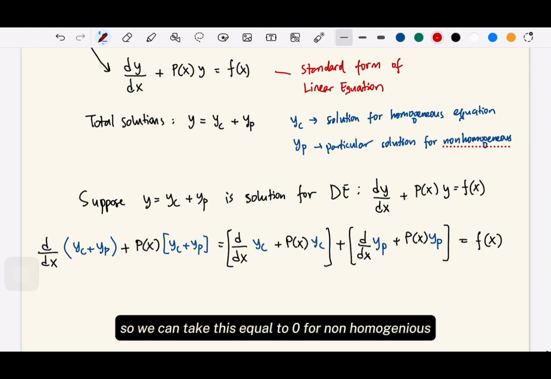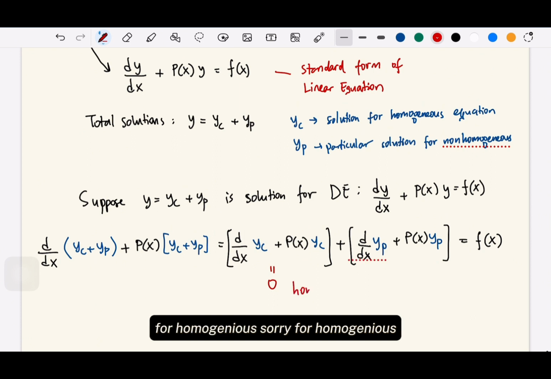So we can take this equal to 0 for homogeneous.